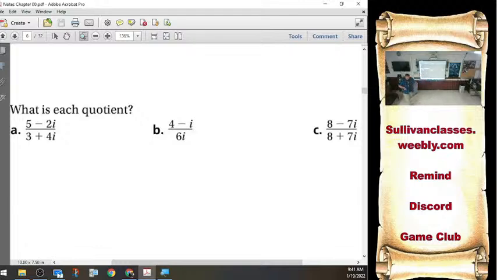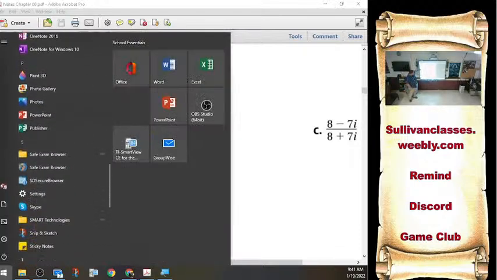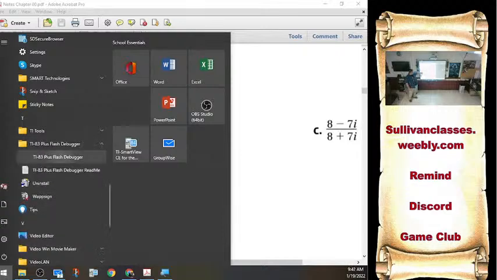We don't need it. If you ever need a graphing calculator, I've got the bumblebees over there in class, and you all have a TI-83, the Ancient Magic, on your laptop. Y'all know where it is? I hope. Windows, all the way down to T's, TI-83 plus Flash Debugger.